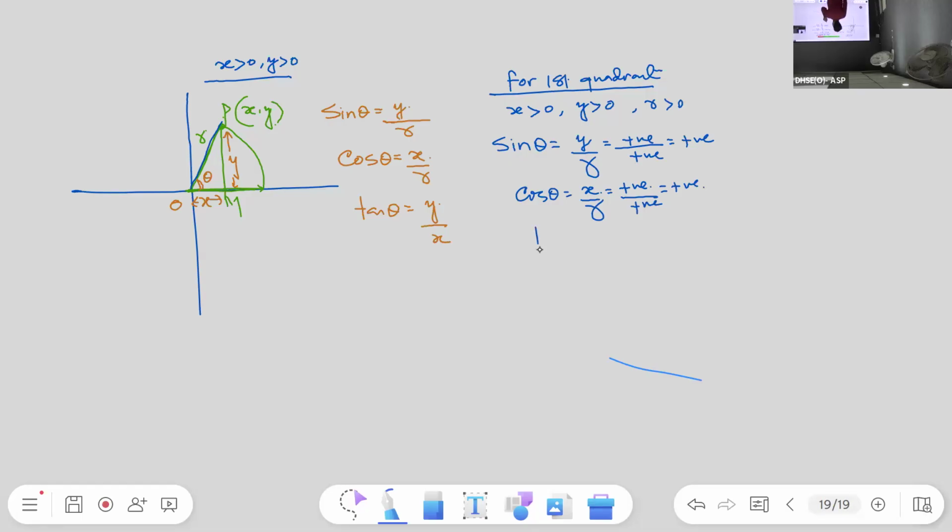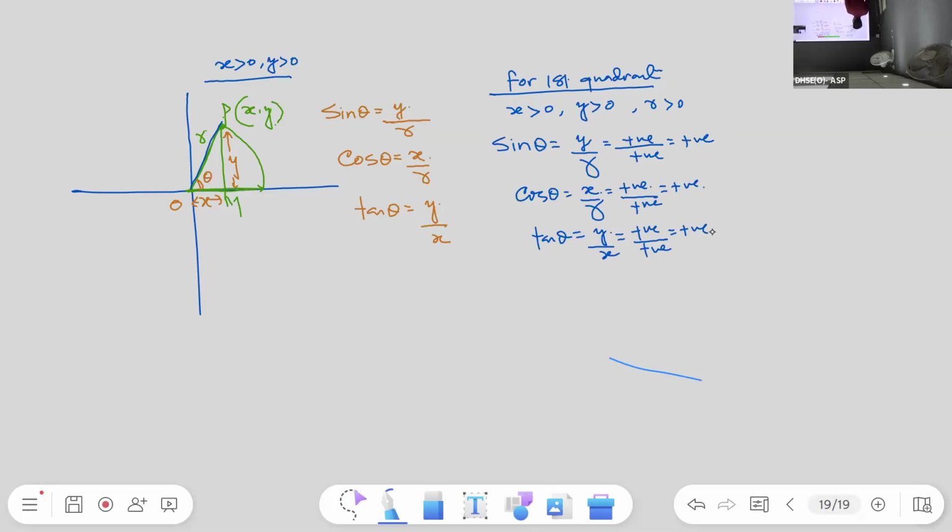Tan theta is equal to y upon x, positive upon positive, which is positive also. For first quadrant angle, sin, cos, tan are positive, and their reciprocals will also be positive: cosec theta, sec theta, and cot theta will be positive.